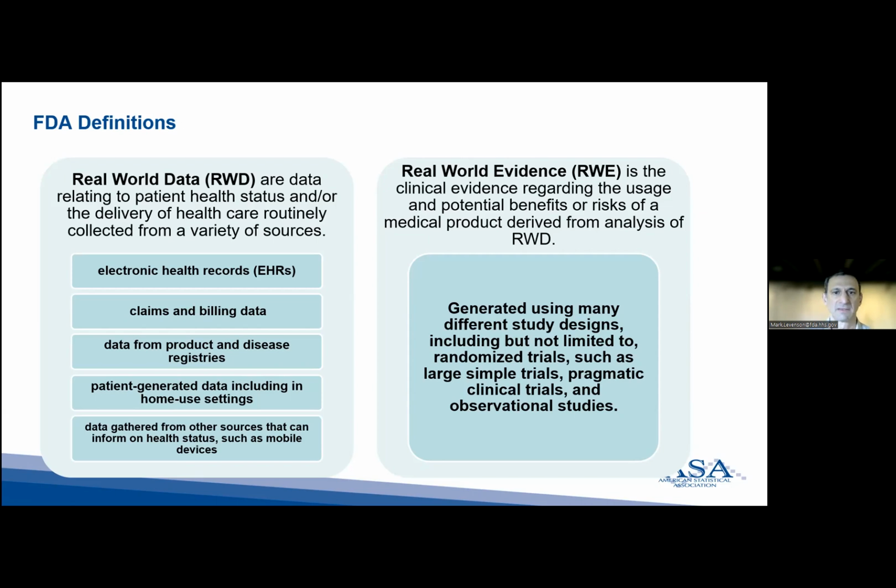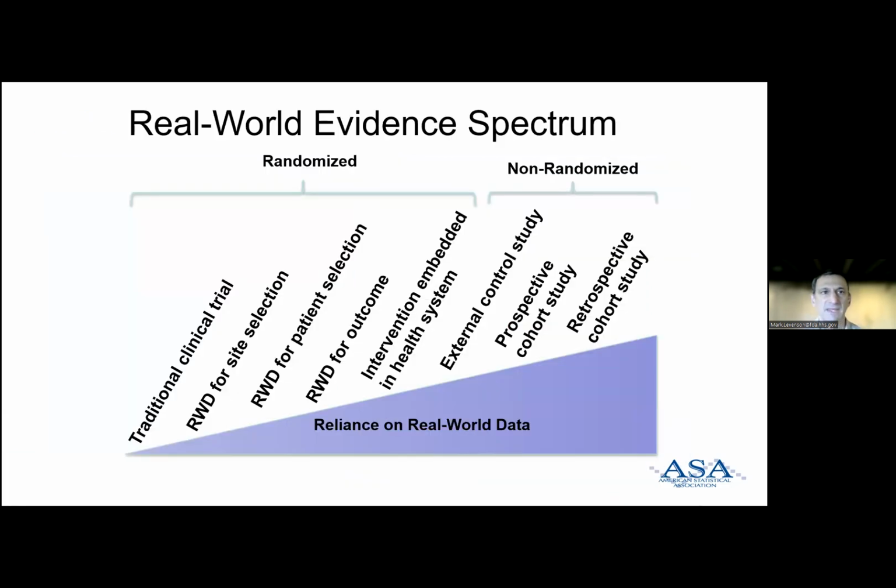Now I'll go through more details of how you might use real world data in a number of different studies that you're probably all familiar with. This is supposed to represent a spectrum from a minimal use of real world data to a heavy use of real world data. On the left, we start with the traditional clinical trial.